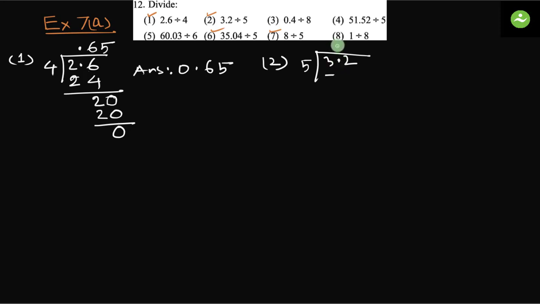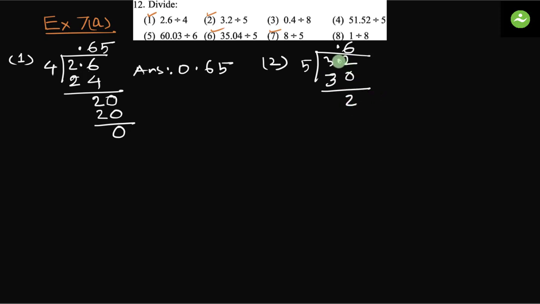Put the decimal point here. And then you take the next digit. Okay, now we take 32. 5 into 6 is 30. Deduct 30 from 32 is 2.